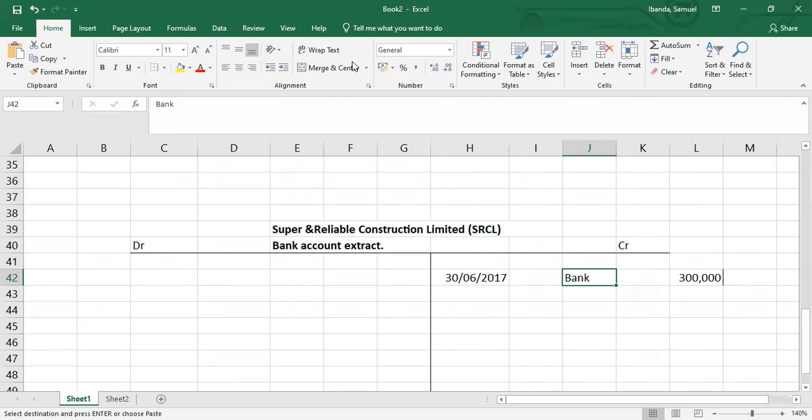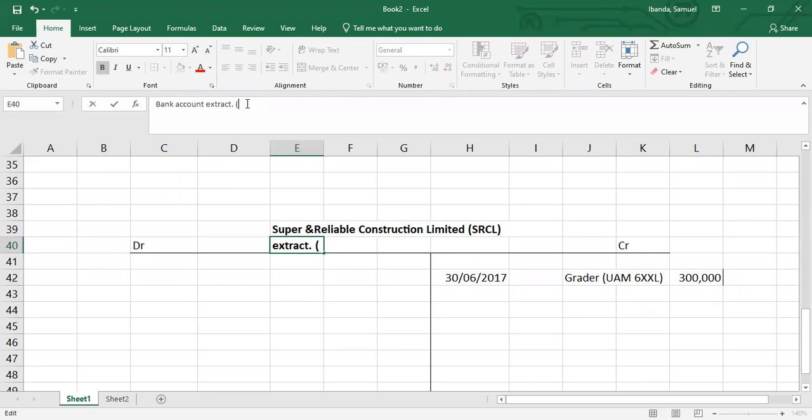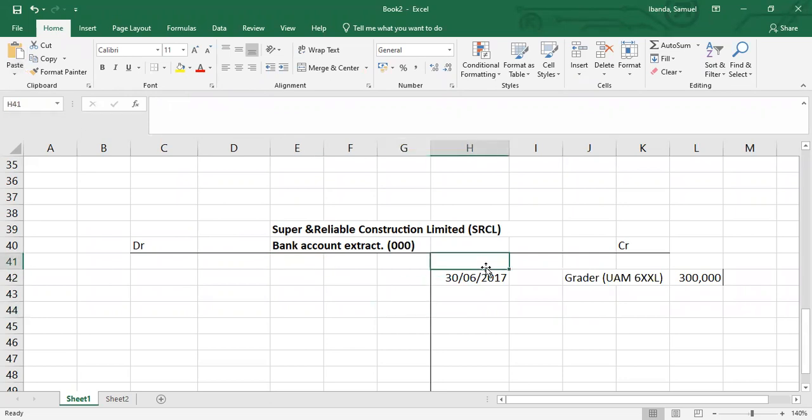That is what you record right there, like that. This one is also amounts in thousands. Okay, so that is what I have for that transaction.